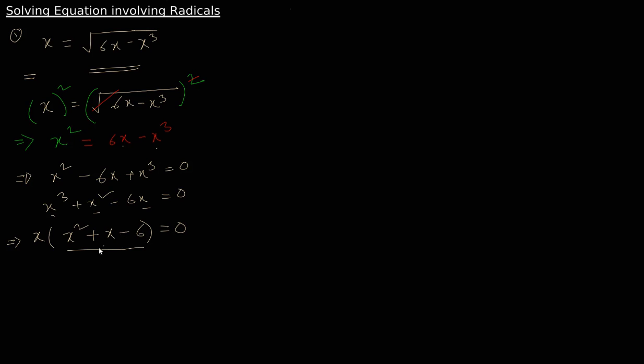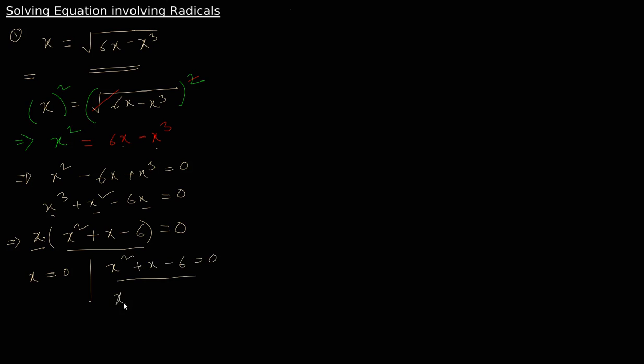So I have two mathematical expressions in product form, and the product is 0. So I can write x equal to 0, and I can write x square plus x minus 6 equal to 0.